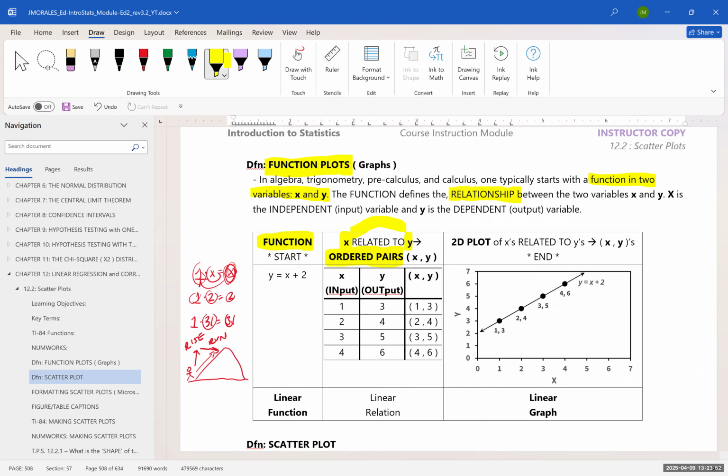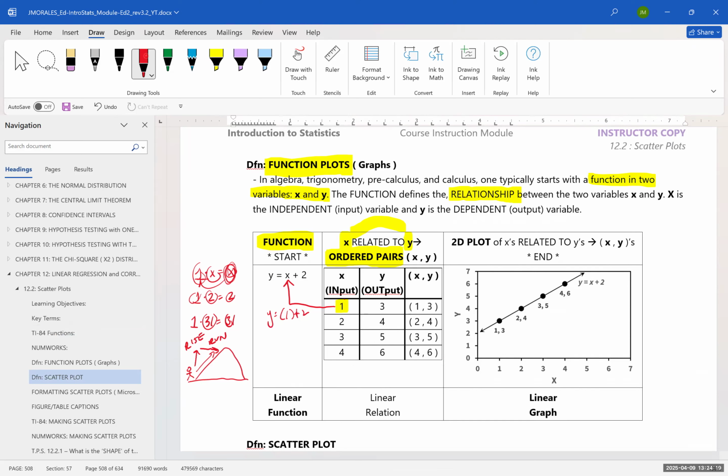So for example, if we wanted to let x equal 1, that is our input. We would substitute 1 in there for x, and so we're going to have y equals 1 plus 2.